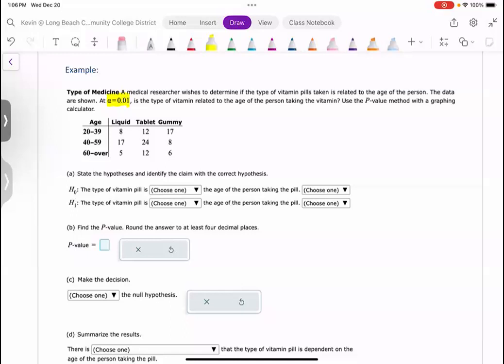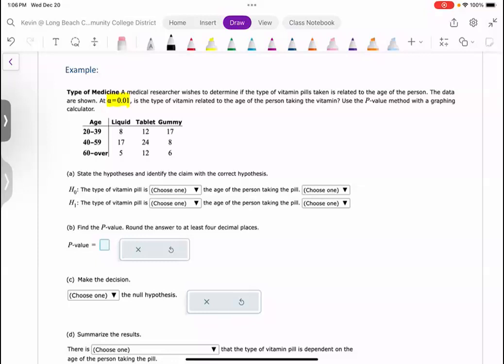And so we would say that someone who takes a tablet and is between the ages of 40 to 59, there are 24 of those people. All right, what we're going to have to do is use a matrix. Let's get our null hypothesis out of the way first.